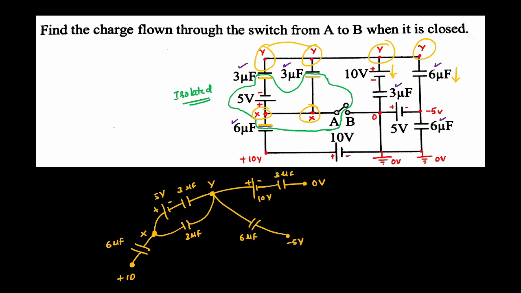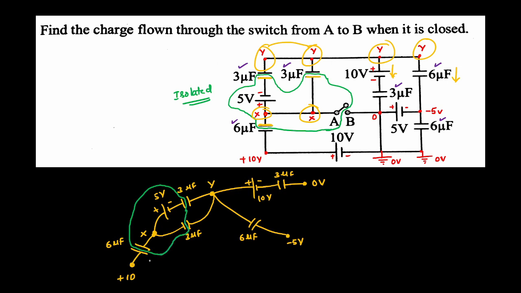Now, A and B are not yet closed. So this is how it looks. I just wanted to highlight our green color isolated part. That isolated part here is this 6 microfarad and 3 microfarad, so here 3 microfarad and this 3 microfarad.